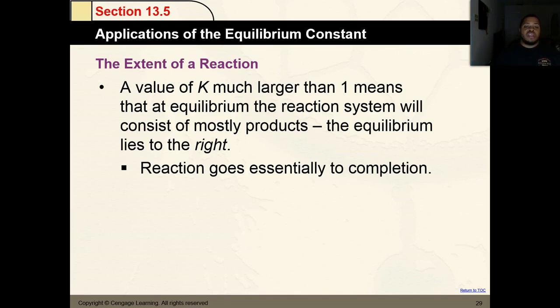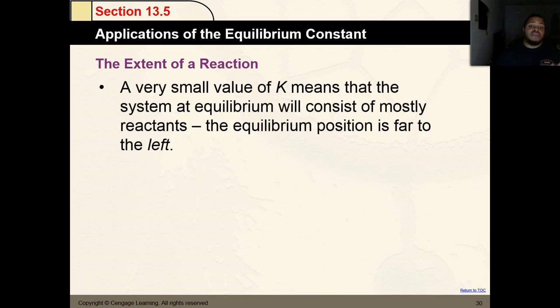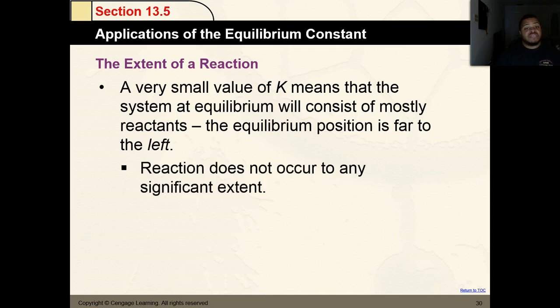So if K is larger than 1, it means that it's going to proceed as we normally would see it, or the reaction goes to completion, or the equilibrium lies to the right. On the other side, if we have a small value, it means that it's going to consist mostly of reactants, or the equilibrium position is far to the left, or the reaction essentially doesn't actually occur.